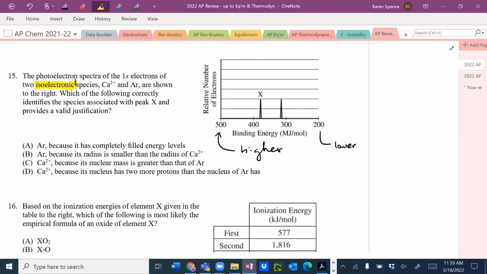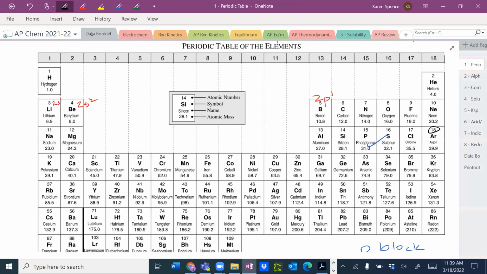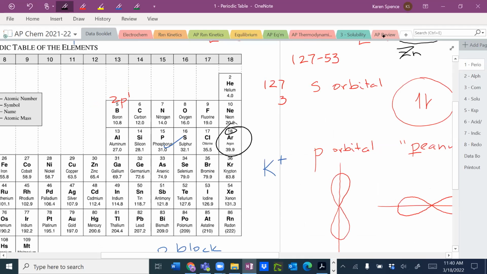Argon is in row 3. And calcium is in row 4. So who has more protons, argon or calcium? Well, calcium, but just double check. Sure, calcium has 20 protons. Argon has 18 protons.